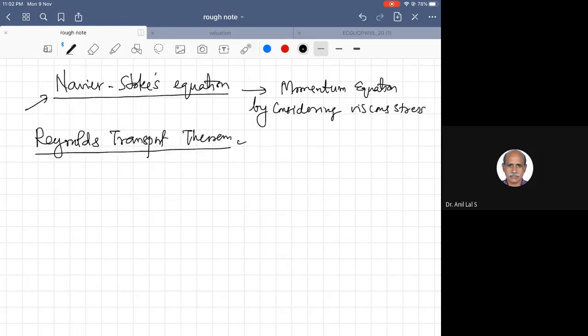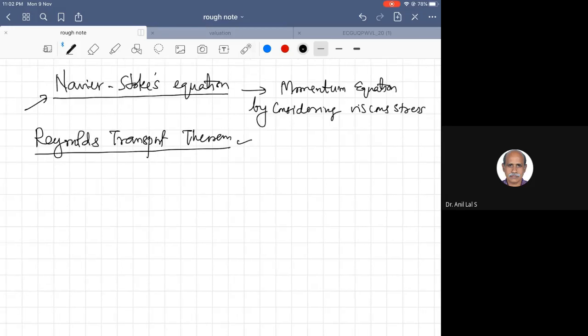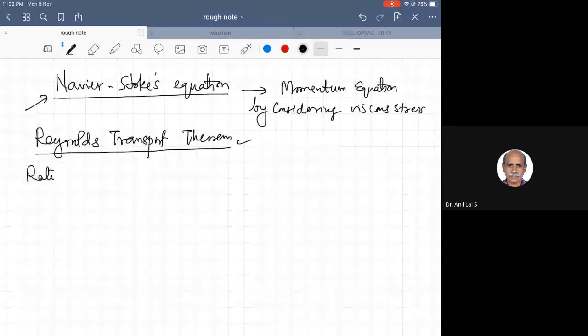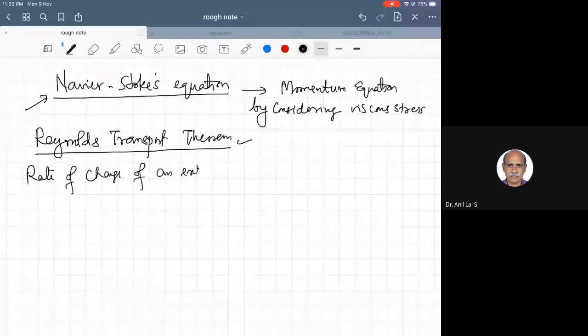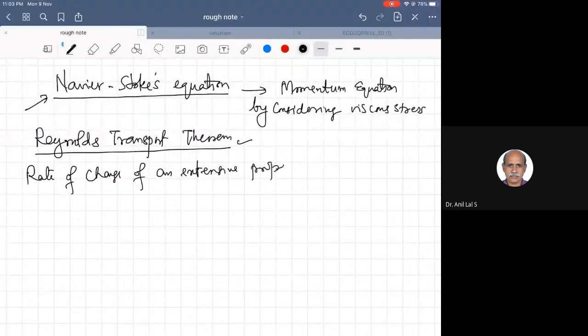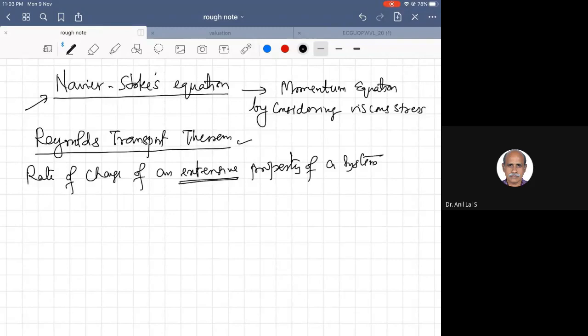The Reynolds transport theorem talks about the rate of change of an extensive property of a system. An extensive property is an integral quantity of the system, and we can have different examples of it.